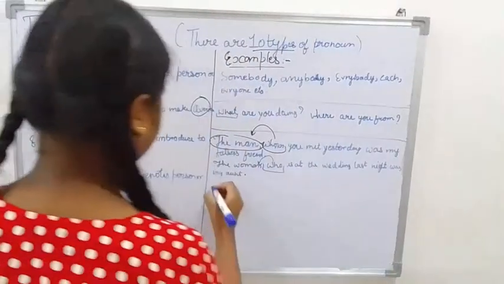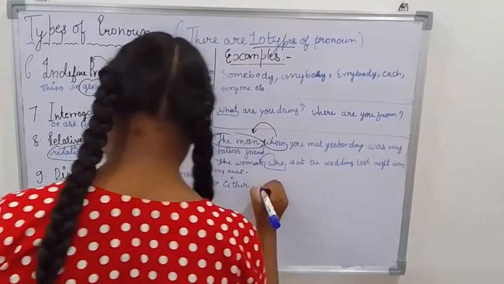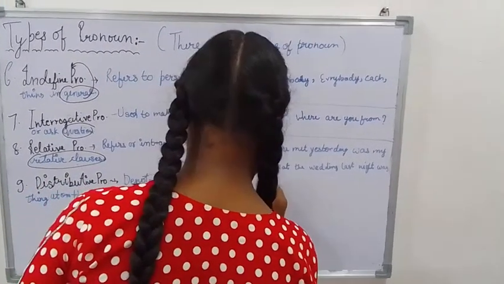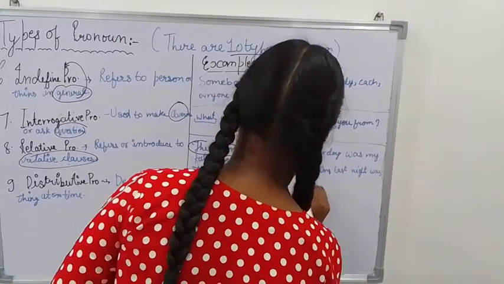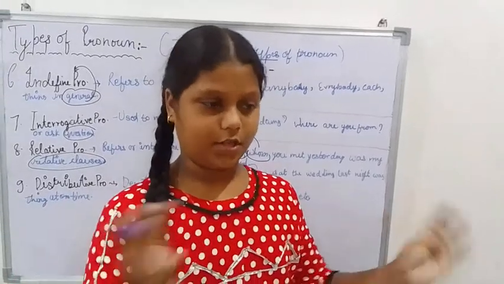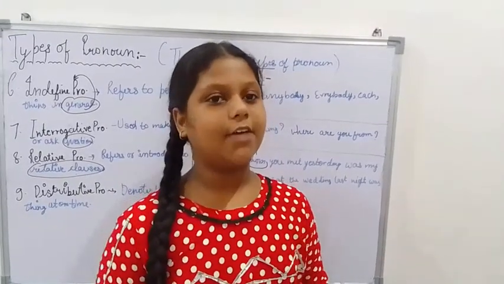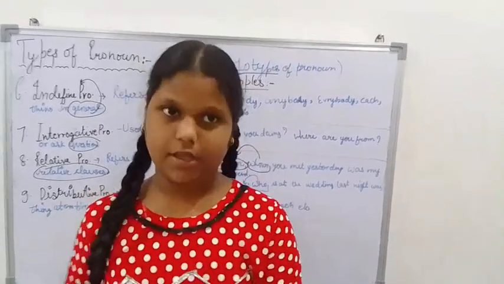For example, either, neither, each, etc. Either means either I would wear this or this. So either I would wear this means if I would wear this, I would probably not be wearing this.